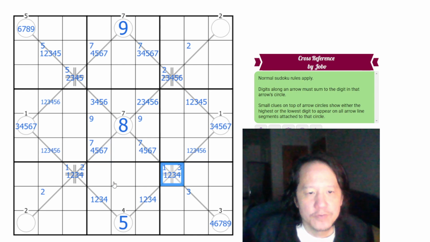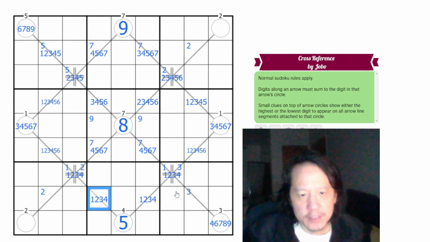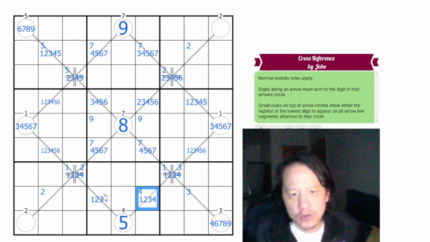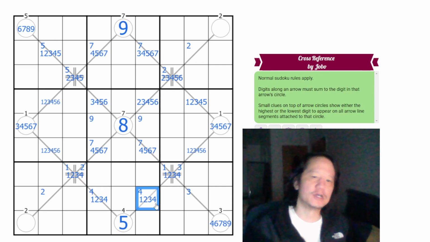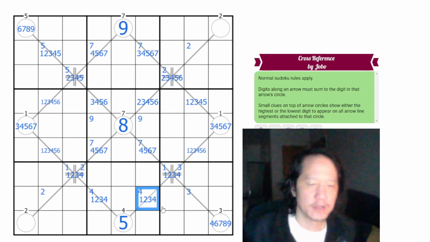Again, we know one of these is a 1. So since one of these is a 1, one of these two must be a 4. It could also have a 4 in here. We're not sure, but we know one of these two is a 4, definitely.